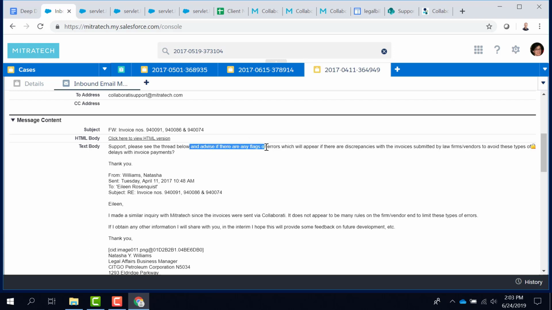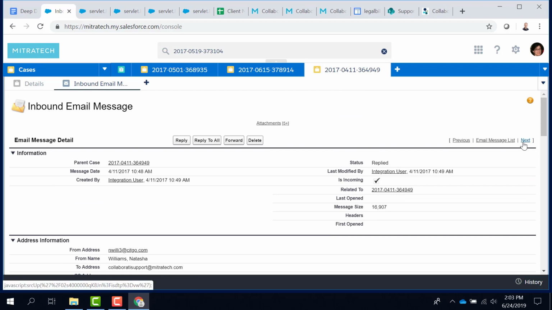Citgo wants us to tell them if there's any flags or errors which will appear if there are discrepancies with the invoices, so that they can avoid the delays.